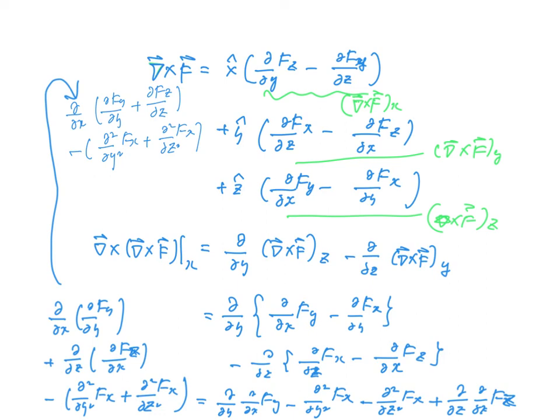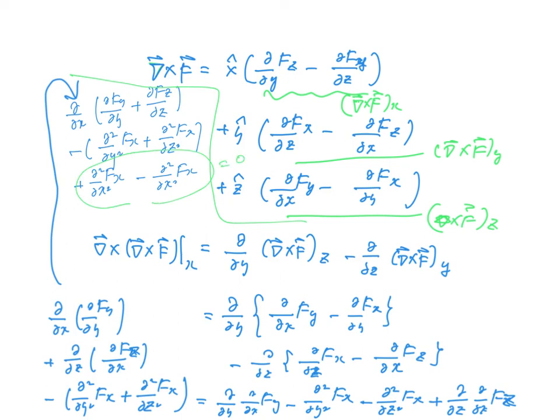There's still something missing, but we can add 0. So I can add partial x square fx minus partial x square fx. So this is basically 0, right?